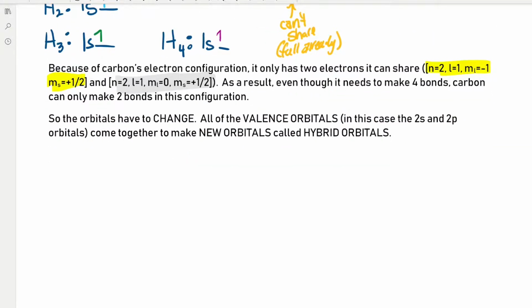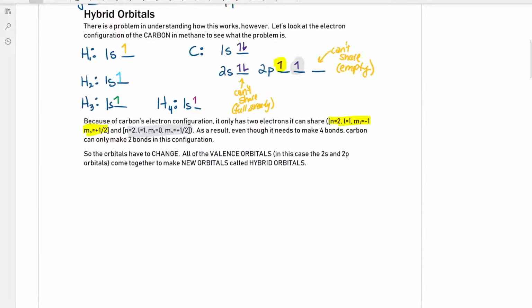All of the valence orbitals, in this case the 2s and the 2p orbitals, come together to make new orbitals called hybrid orbitals. So this is what happens with carbon. Carbon before is going to become carbon after.